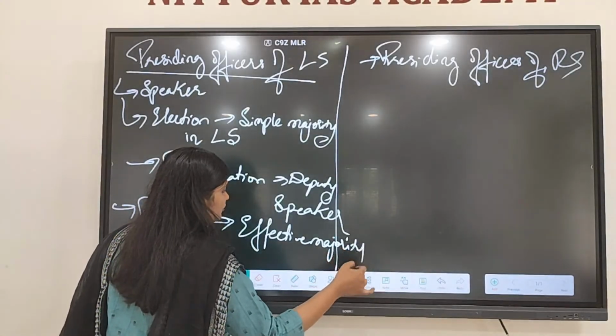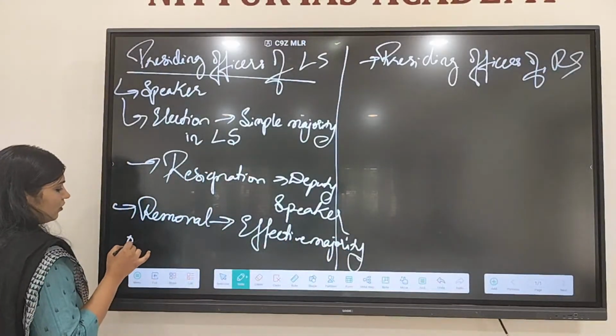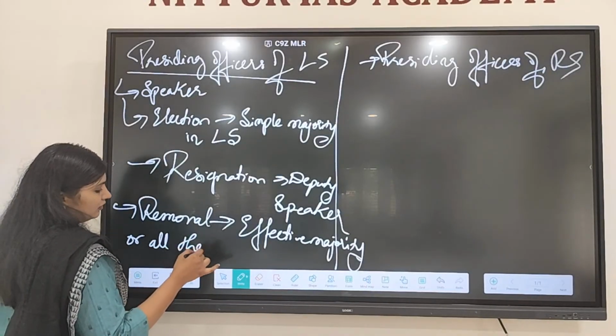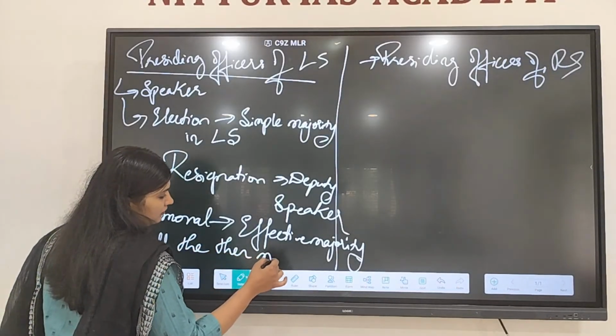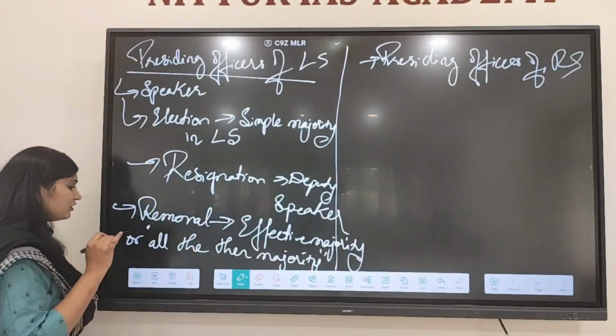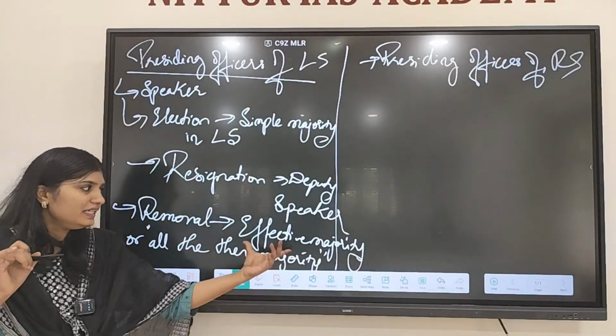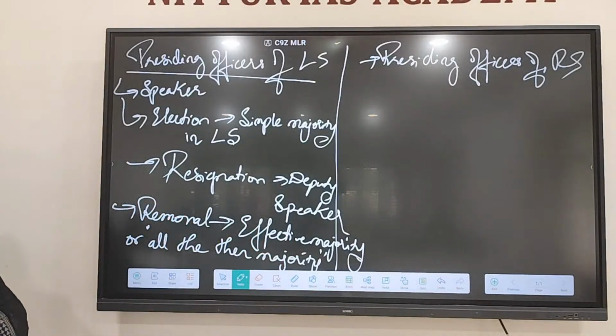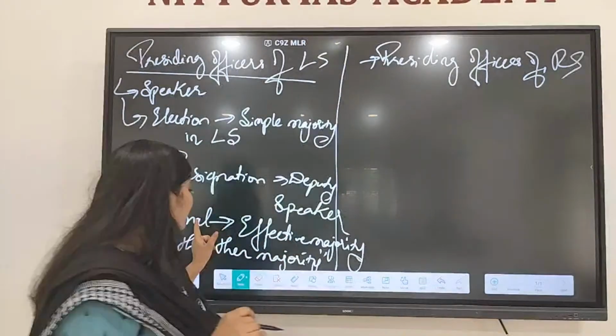There we need simple majority, here we need effective majority. Effective or all the then. Wherever they have mentioned all the then majority, it is none other than effective majority.